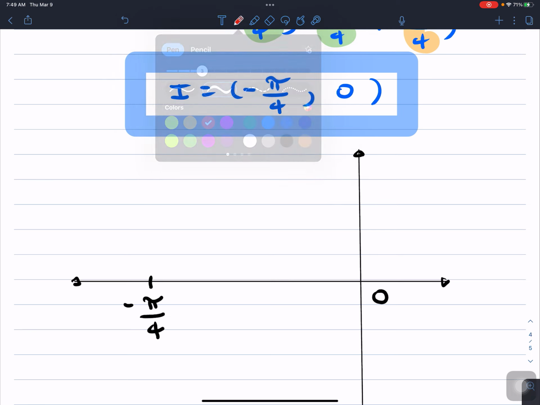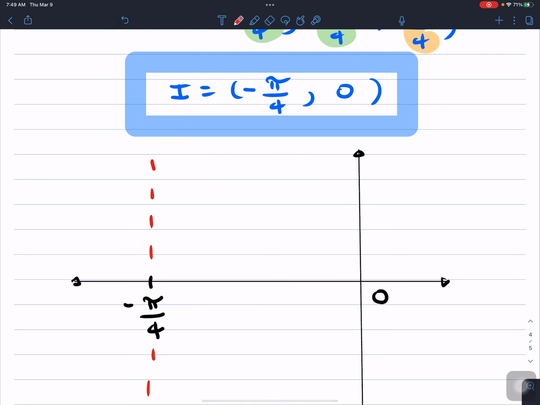Now, what do I do with these? Draw the asymptotes. Oops, sorry about that one. You guys okay with that? What's midway?